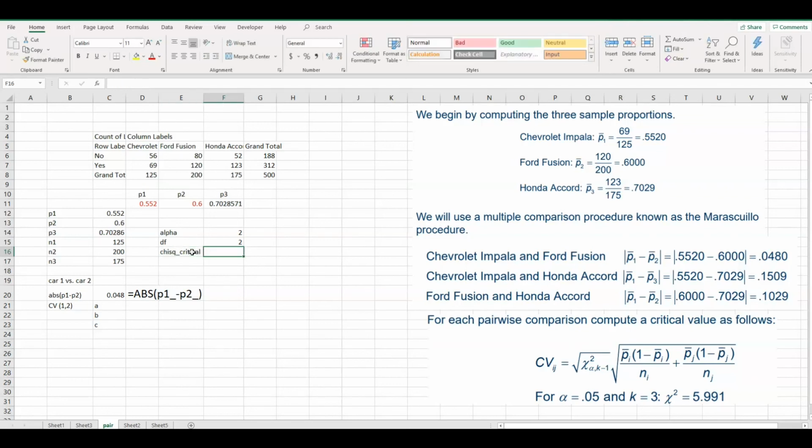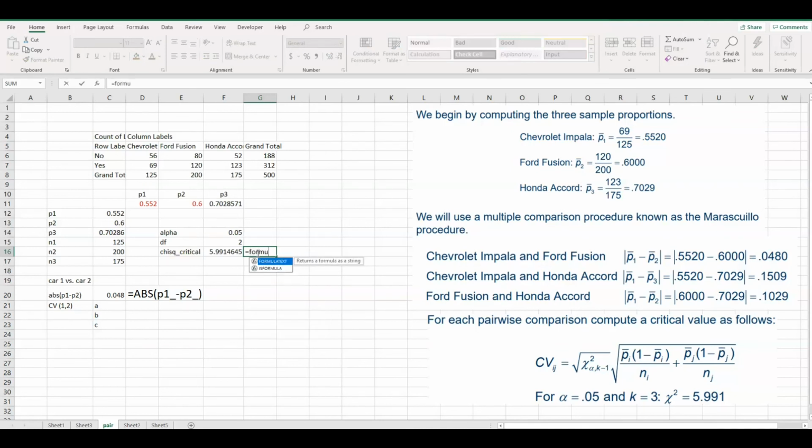The critical value will be CHISQ.INV.RT, with alpha 5% and degree of freedom 2. So we know it's 5.99.